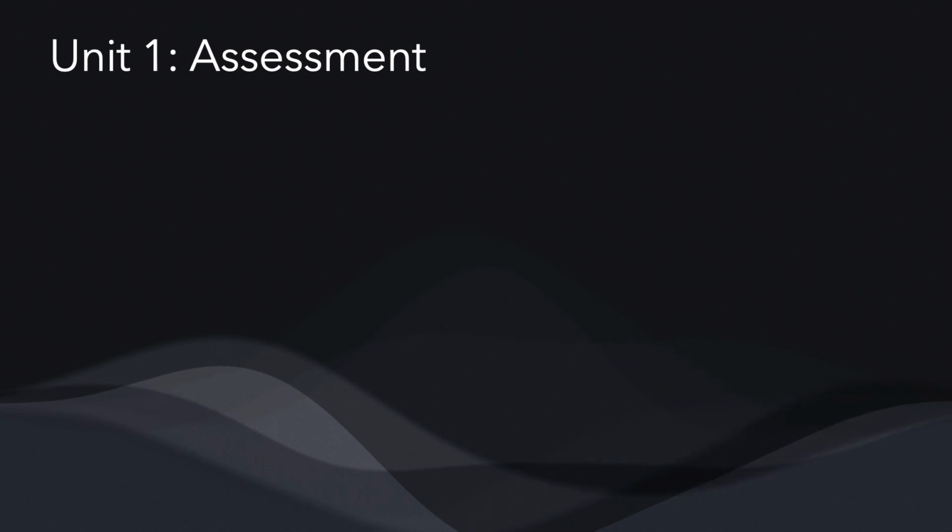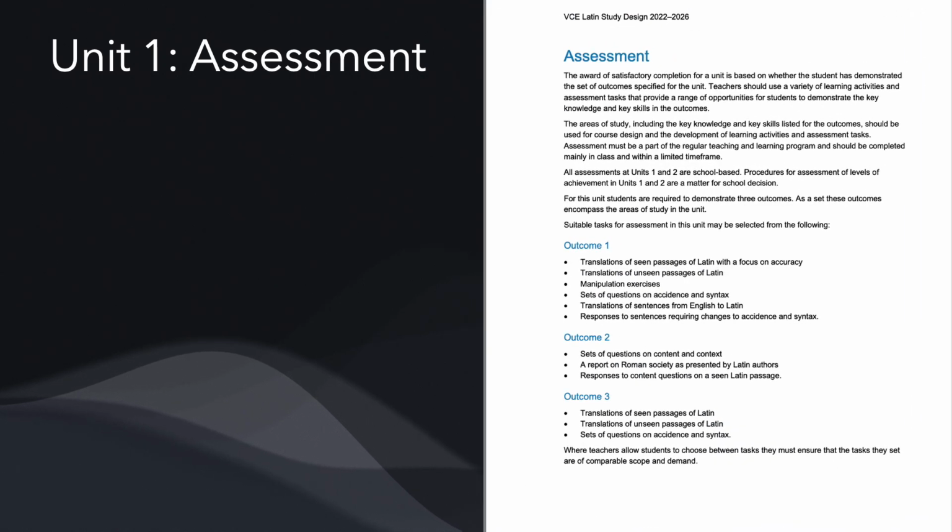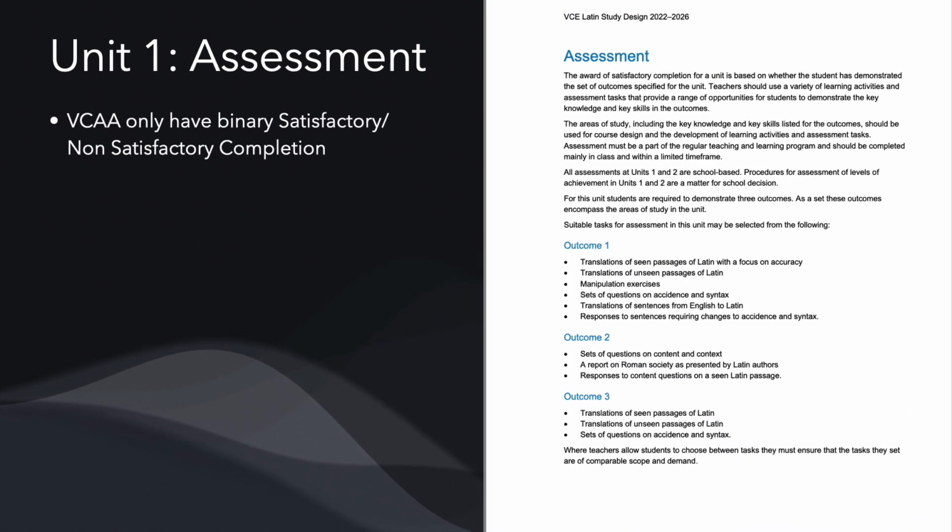The assessment side of it is probably a bit disappointing for you because it really doesn't say all that much. The VCAA at Units 1 and 2 are only interested in that binary satisfactory or non-satisfactory completion. It's either a yes or no, S or N. And they put out a bare minimum for that.